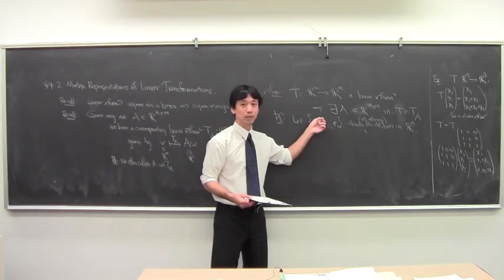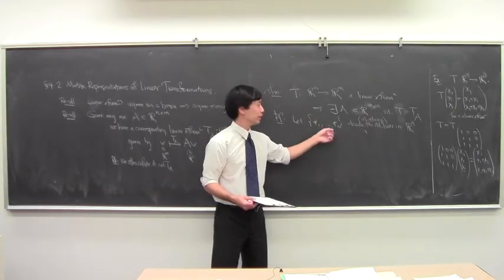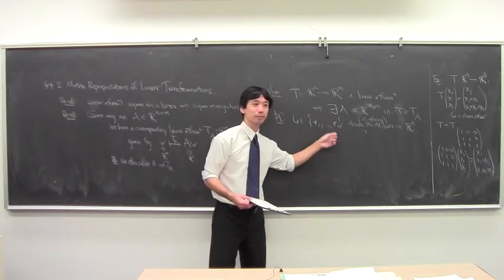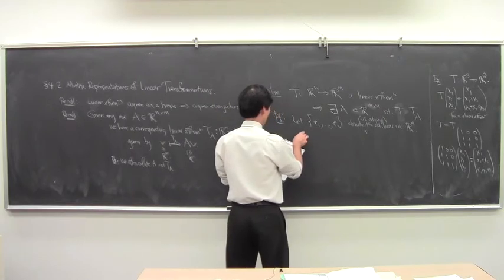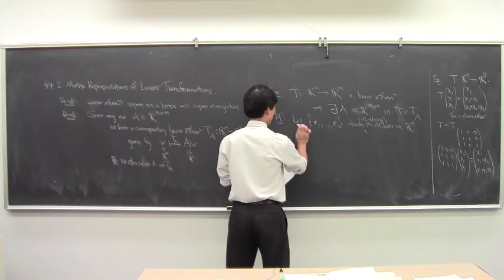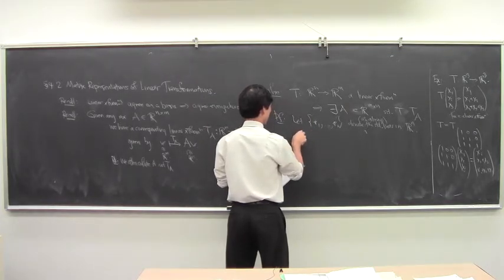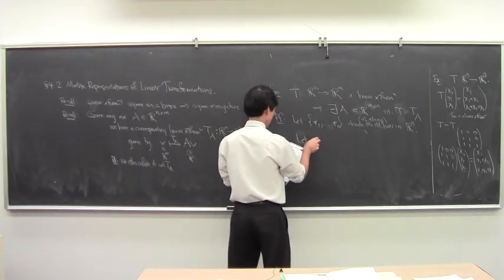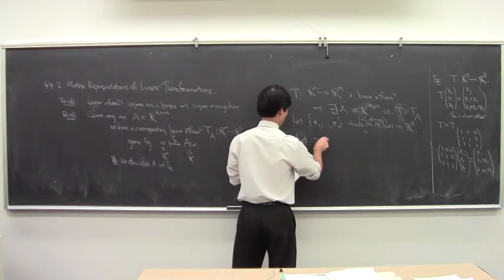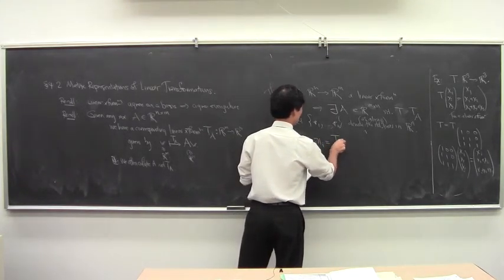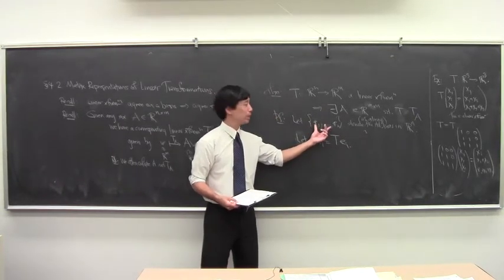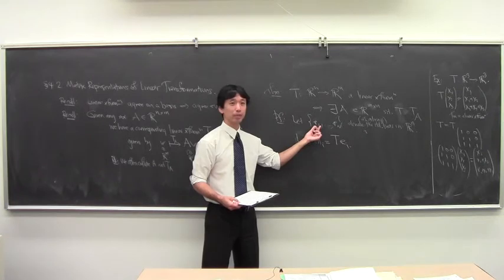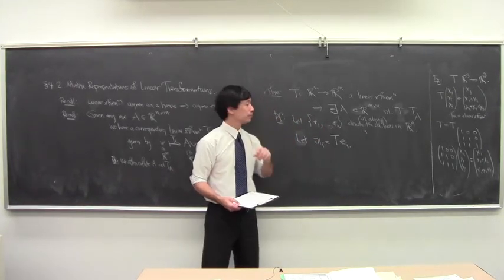E2 is 0, 1, 0, ..., 0. En is 0, 0, ..., 0, 1. Let A sub i be T of E sub i. So for each standard basis vector, see what happens to it as you map it through T.